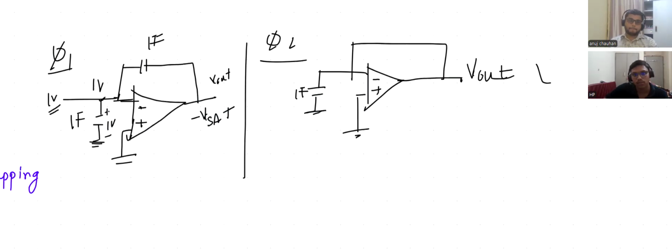During this phase, whatever the 1 volt here, negative feedback exists, so the virtual short is valid, this becomes 0 volt, so this capacitor discharges from 1 volt to 0 volts.